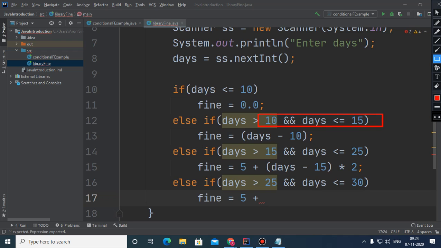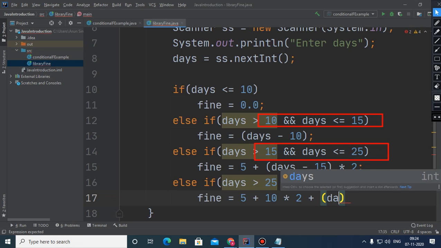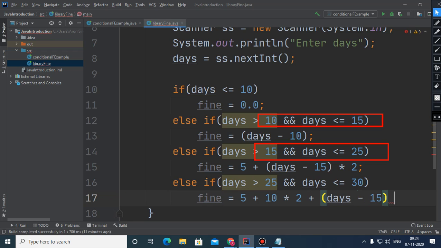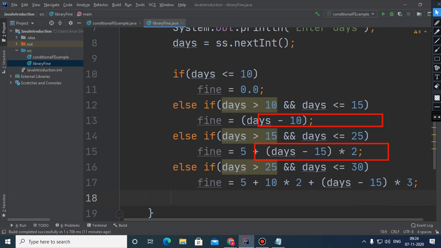How many days are there? Actually children, these are 10 days and the rate is 2. So this is also we have calculated. And now how many days are remaining? So remaining days will be days minus 25 into the rate is 3. So in these sections you have to calculate the value.